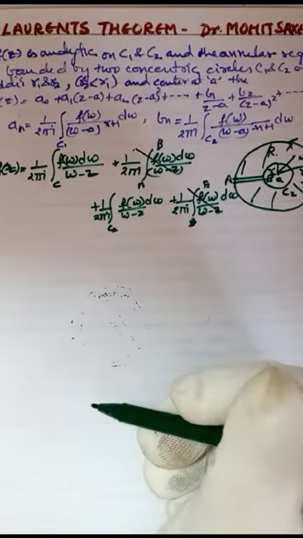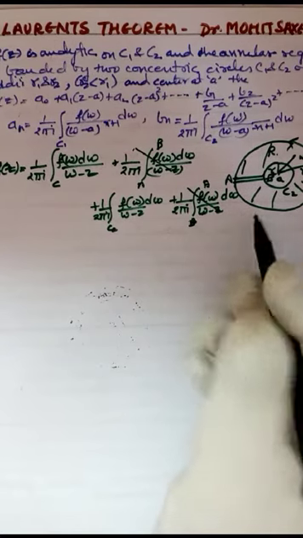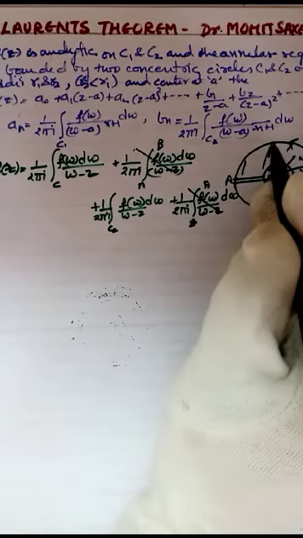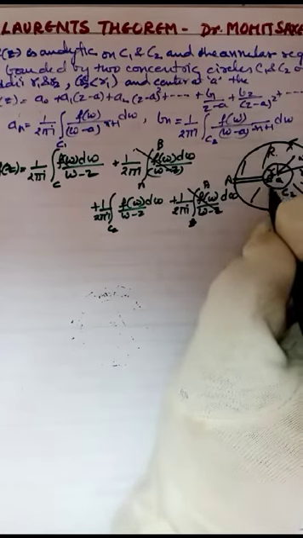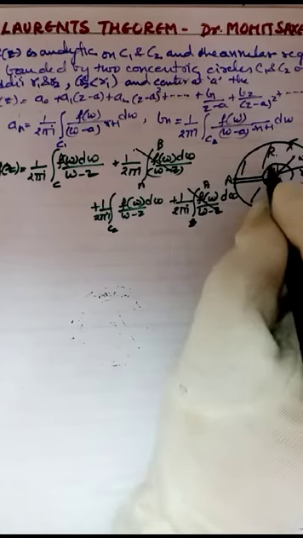So these two values cancel out each other. We can also see that C1 is in the anticlockwise direction, so it is a positive movement, and C2 is in the clockwise direction, so it is considered negative.